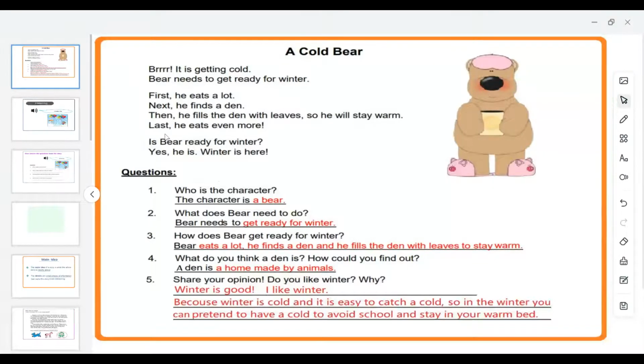So they tell us which is first, which is second, which is third, which one is last.